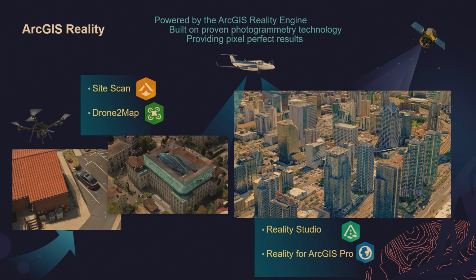ArcGIS Reality has 4 different faces, each suited to different types of imagery, size of your area, and needs of your users. So whatever your organization's requirements are for reality mapping, we've got you covered. The first 2 faces of ArcGIS Reality our drone users may already be familiar with. This is SiteScan and Drone to Map.